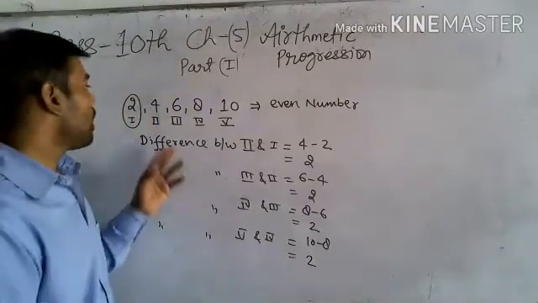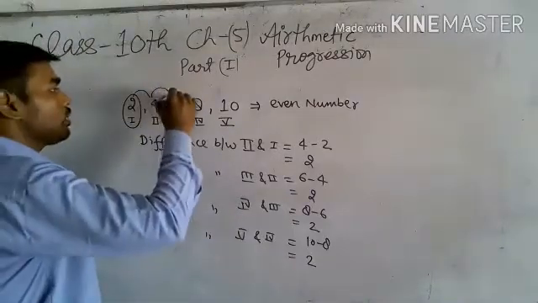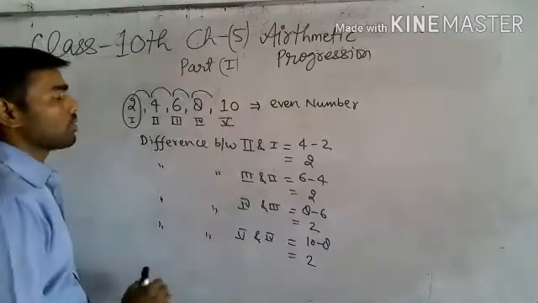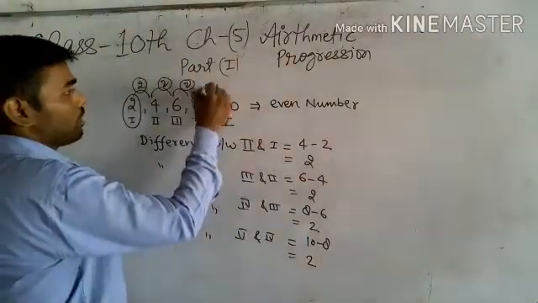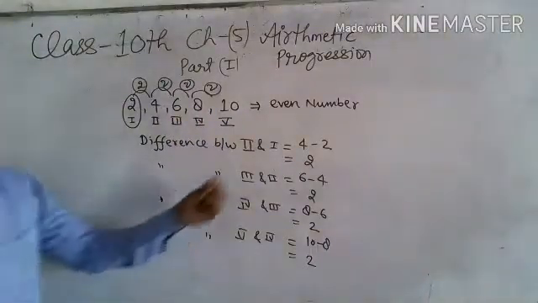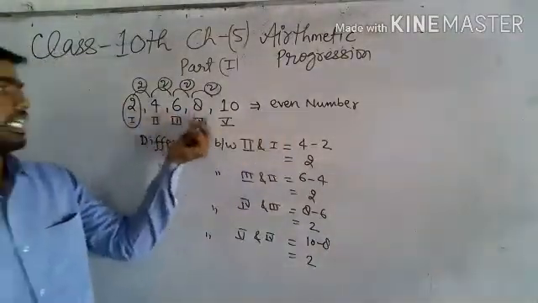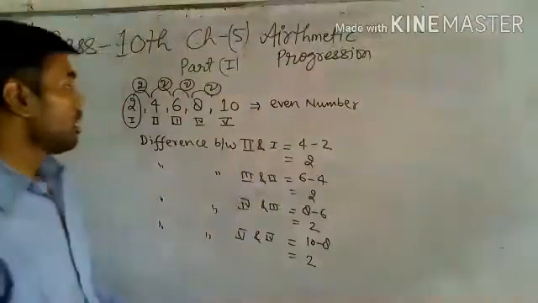It means the difference between these two consecutive numbers is the same. This is the even number series 2, 4, 6, 8, 10.